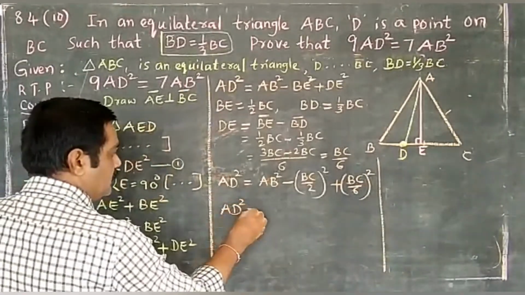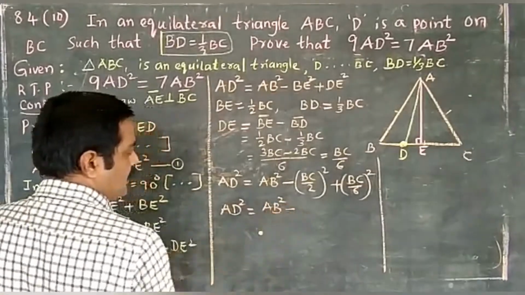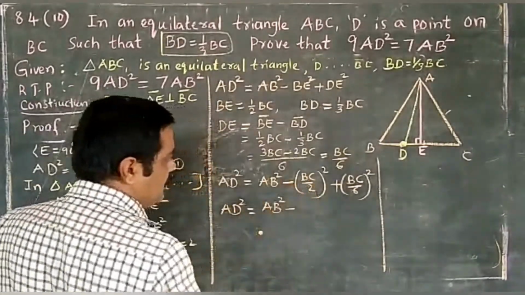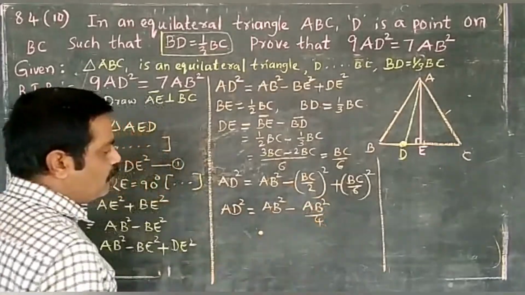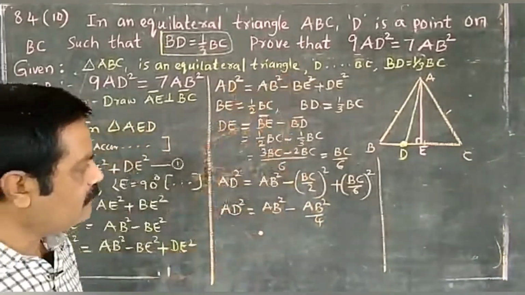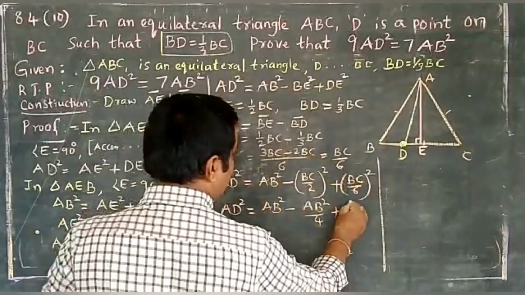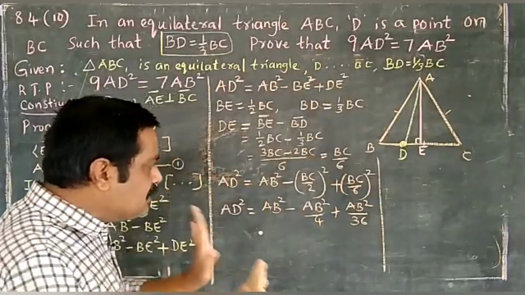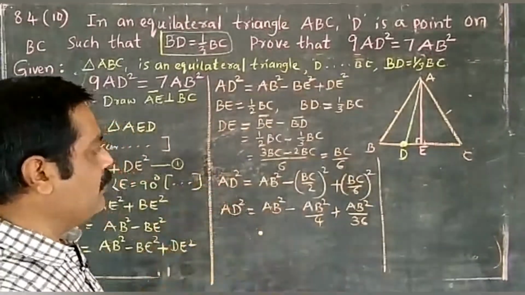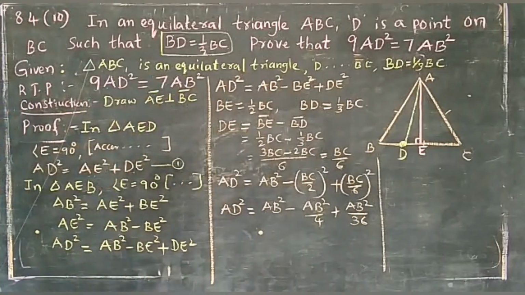AD square is equal to AB square minus, instead of BC we write AB only, AB square by 4, plus AB square by 36. Why, sir? We need AB only. All terms we converted to AB only.